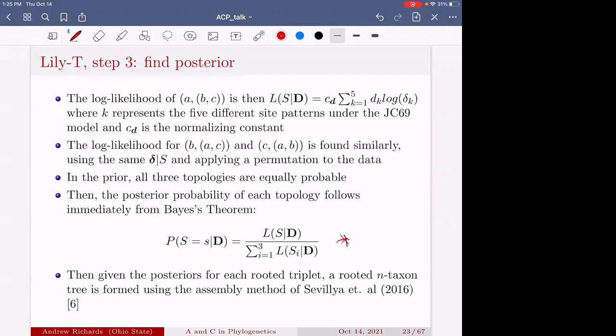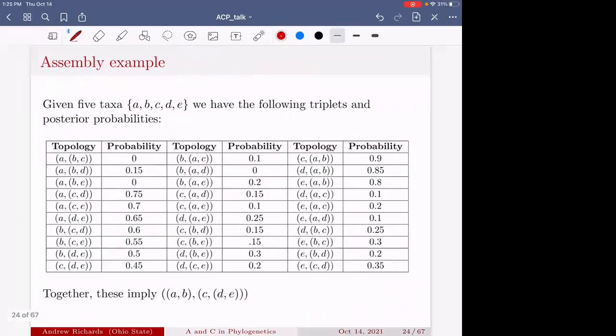And so then given the posteriors for each rooted triplet, we can find a rooted n-taxon tree using the assembly method of Sevilla et al. 2016. And so as far as an example, let's say we have 5 taxa, then we'll have 5 choose 3 or 10 different subsets. So the first subset is ABC, second ABD, ABE, and so on all the way down to CDE.